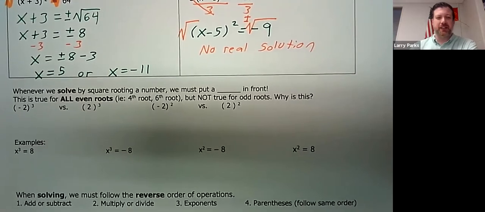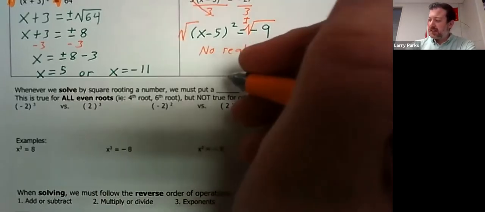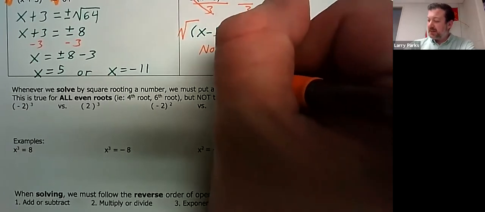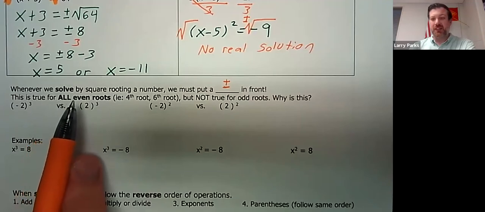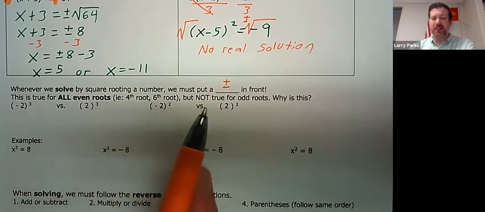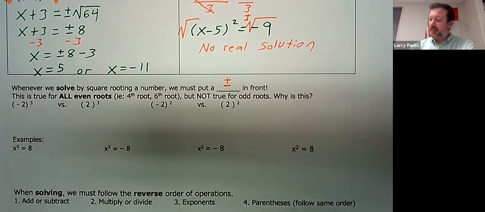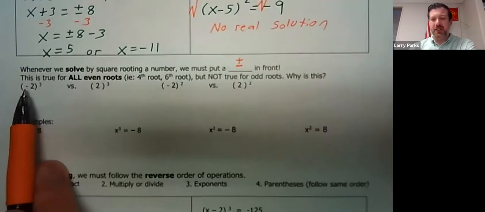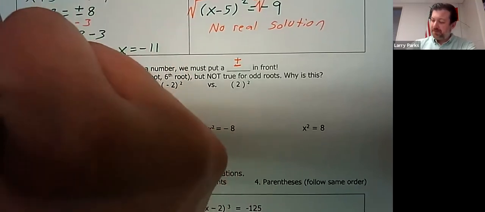Now, whenever you solve by square rooting a number, you must always put the positive and negative in front of it. That's actually true for all even roots, 4th root, 6th root, 8th root, 10th root, but not true for odds. And we'll talk about why. So like negative 2 to the 3rd, that's negative 2 times negative 2 times negative 2, that's negative 8.